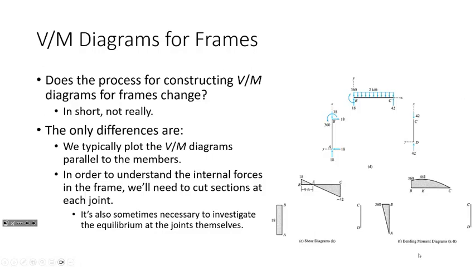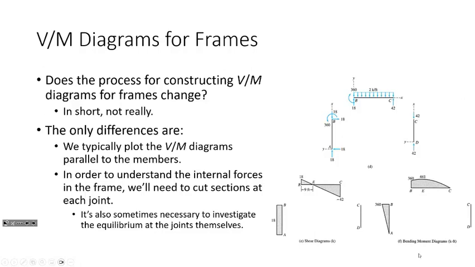For example, let's look at a really big frame that looks like this. Let's just assume for the sake of discussion that we can analyze it. We have all the reactions. We're not worried about determinacy or anything. We'll look at the equilibrium of this beam, this column, and this column.